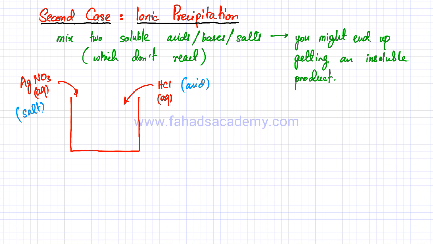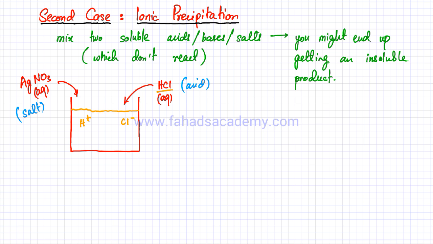But since HCl is in aqueous state, and we know that when something is in aqueous state, it ionizes into its ions, the solution that's going to be formed in this beaker is going to contain lots and lots of H+1 and Cl-1 ions.